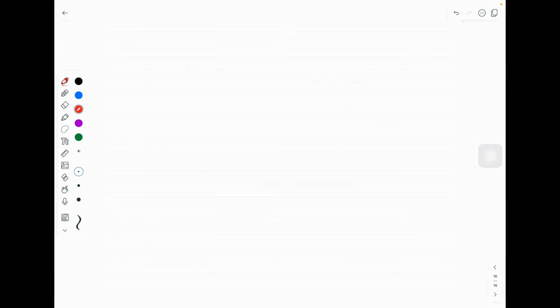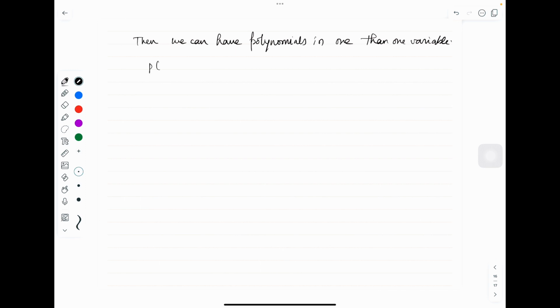Okay. Then we can have polynomials in more than one variable. We are only going to see some examples. P of x comma y will be x square plus y.